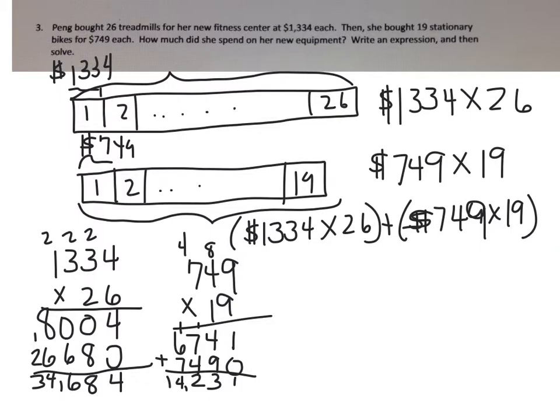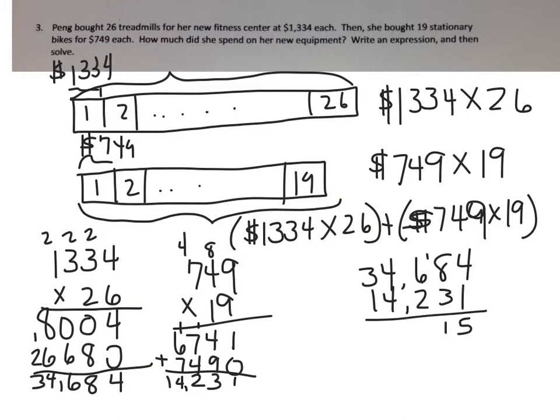And so I'm going to say 34,684 plus 14,231. I'm going to add those. 6 plus 2 is 8, 1 more is 9, 4 and 4 is 8, 3 plus 1 is 4.